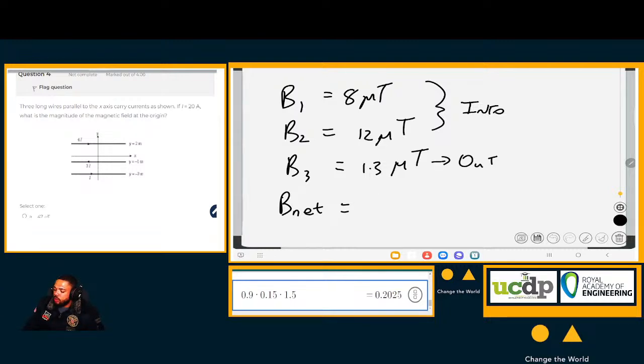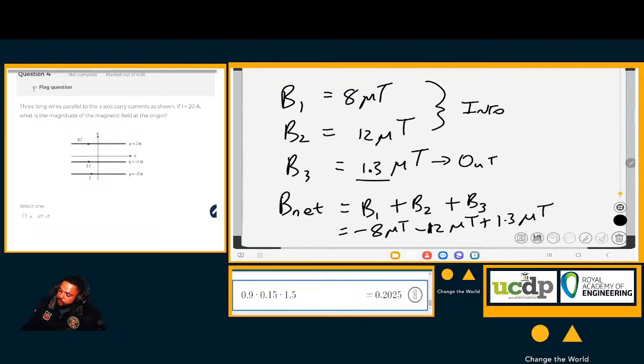So it'll be B1 plus B2 plus B3, which in this case is 8 microtesla plus, let's keep with negative, into the page is negative, 12 microtesla, and then out of the page is positive, so 1.3, not 13, 1.3 microtesla.